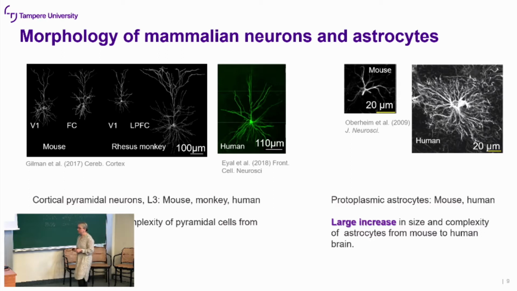This is something that is not discussed so much in talks and literature and books. The reason is that it's only very recently that we've been able to visualize these cells and then also reconstruct them.